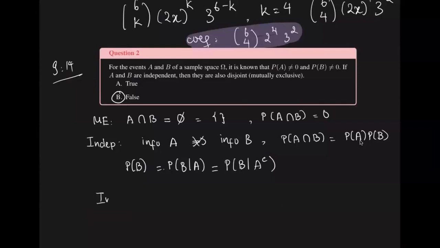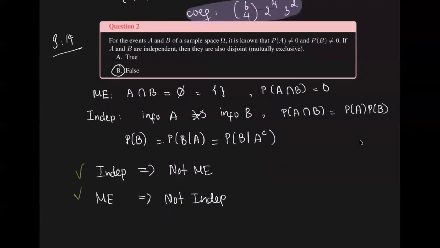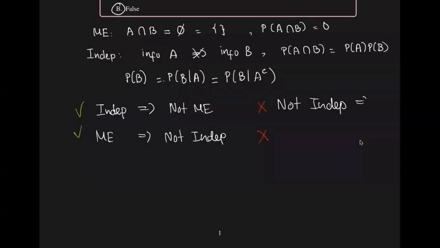And we have that if two events are independent, then they are not mutually exclusive. And if they are mutually exclusive, then they cannot be independent. So these two, you can say it, but it is wrong to say two things. It's wrong to say that not independent means that they are mutually exclusive. This is not correct. You can find a counterexample for it.